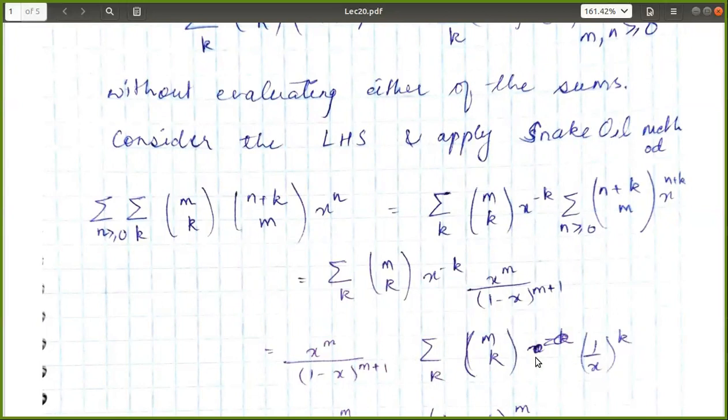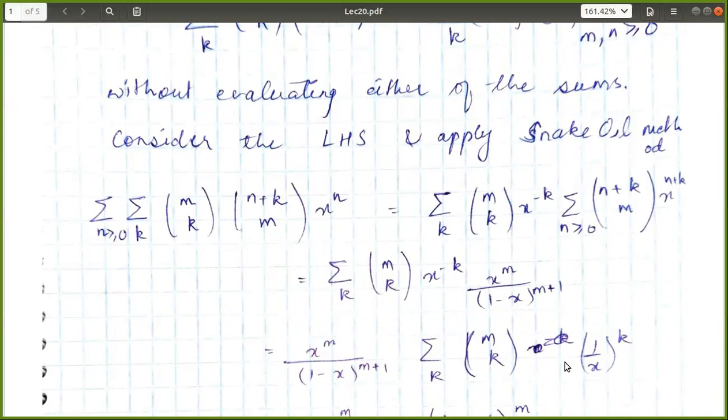And now this thing is, this was the first identity we used. Sorry, no, what does this translate to? What is this summation? What is the closed form formula for this summation?